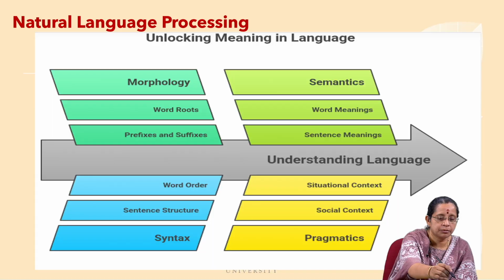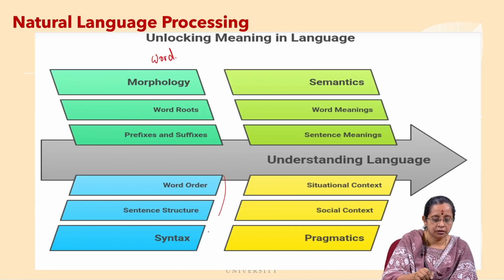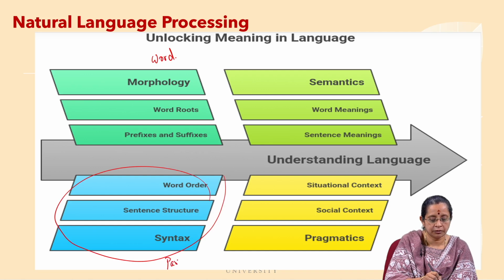If you look at this diagram, it looks the same as the last time, and again I copied it so that we know where we are. This belongs to the word level, and the sentence structure last time we saw through the parse tree.